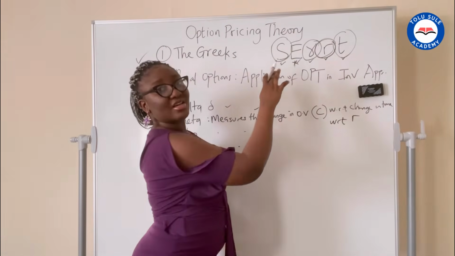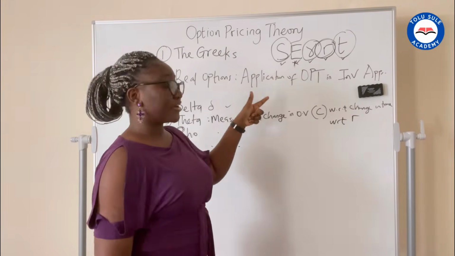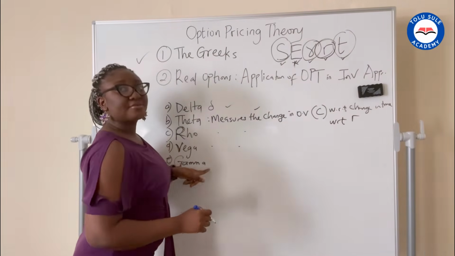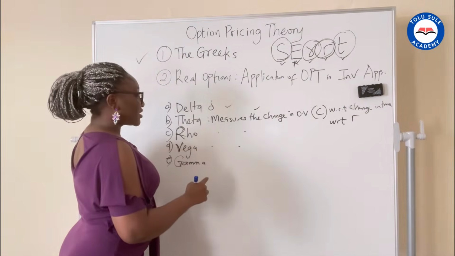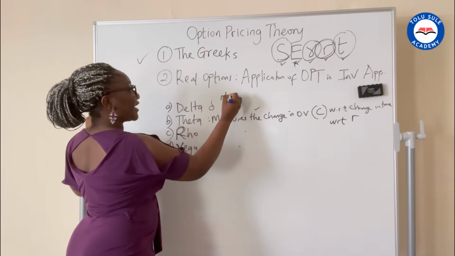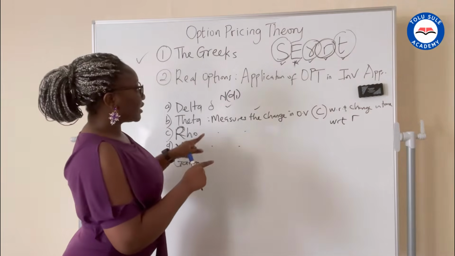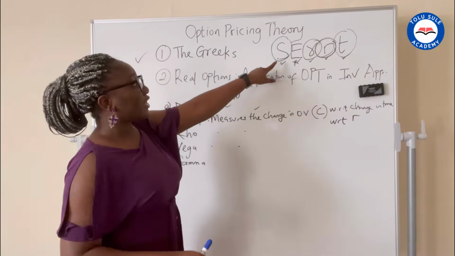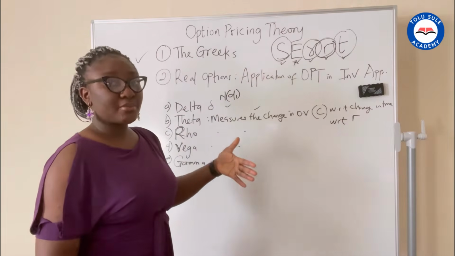This one is not actually fixed because it's a future value. Okay. Now gamma is the frequency of change of delta. So this one measures the rate at which delta changes. So this delta is represented as ND1. Gamma measures the rate of change in delta to the underlying asset price. Okay, this is the underlying asset price, the S, the current market price.